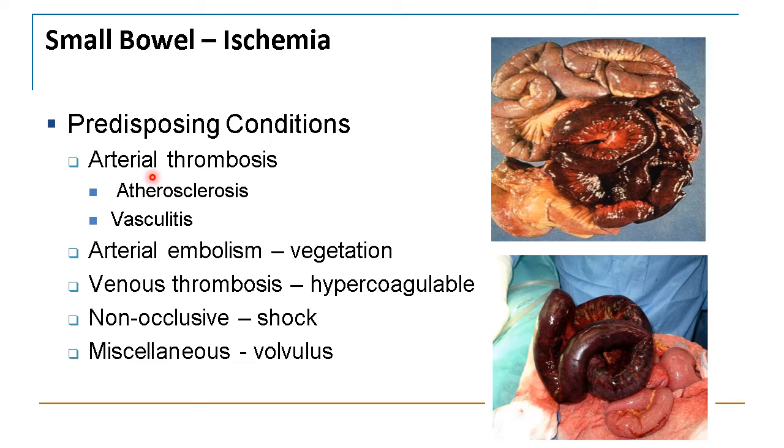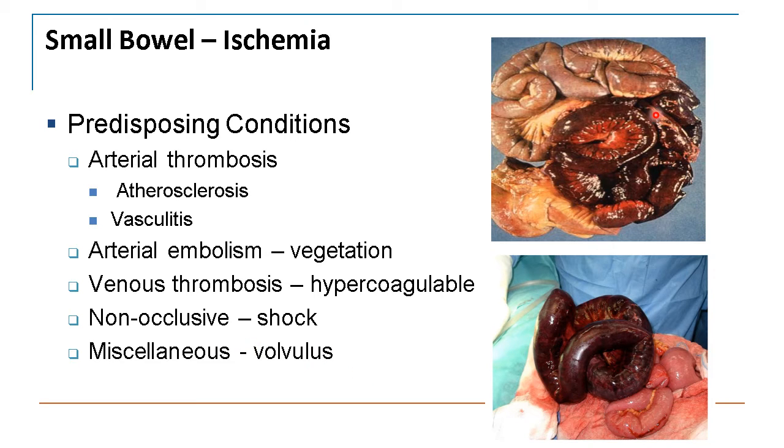Other conditions are arterial thrombosis, which can be due to atherosclerosis or vasculitis, and arterial embolism, which can be due to vegetations, rheumatic fever, for example, or venous thrombosis due to the different hypercoagulable states. Or the cause of ischemia can be non-occlusive, like shock. Other miscellaneous causes like volvulus, hernia, and intussusception also can cause ischemia.